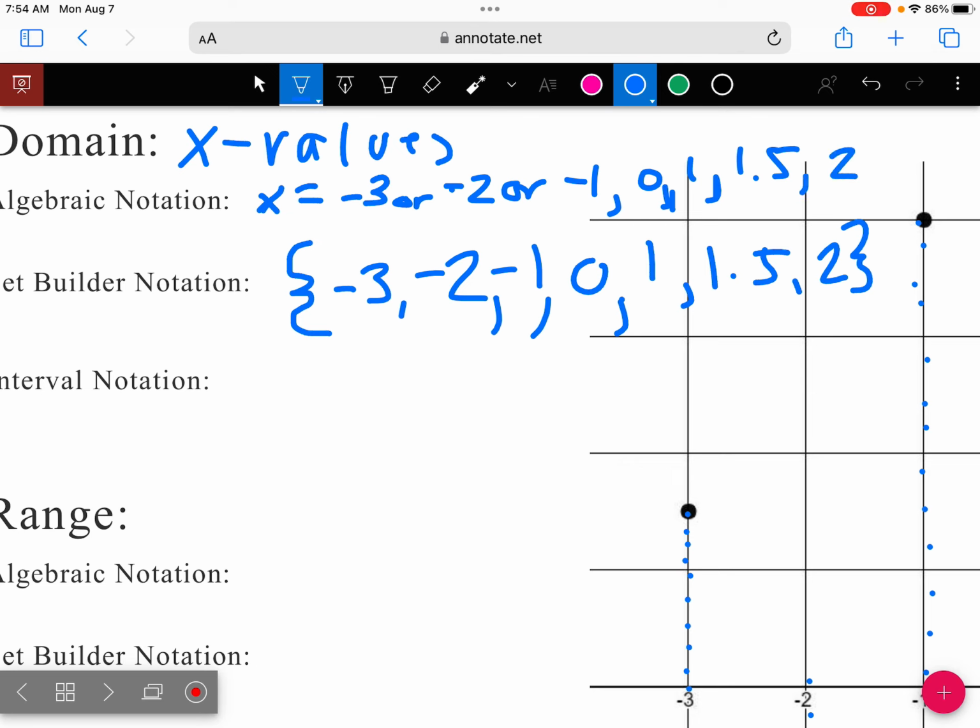And there's not a way to write this in interval notation, because there's no intervals here. There's nothing connecting it. Interval notation is all about the lines that we draw. And there's no lines here. So we just straight up make a list.